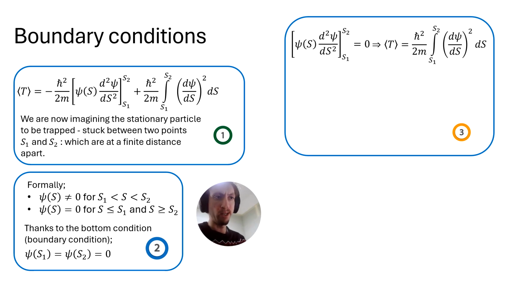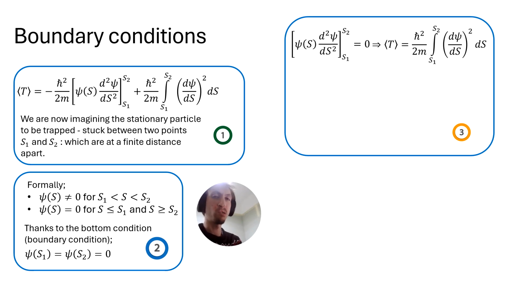Now we need to evaluate this, or make some conclusive remarks about the average kinetic energy. Well, for a stationary state particle, psi is given by a real function, and S is the position of a particle along the s-axis. I said S slightly too much in this video. I think I'm getting a bit tongue twisted, but S is the position along the s-axis, and therefore clearly S is going to be described by a real number.